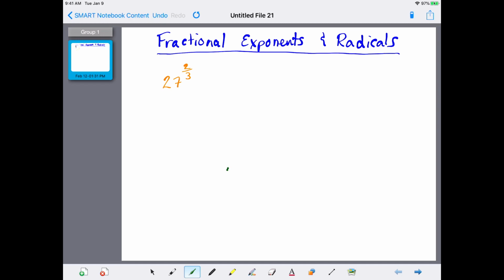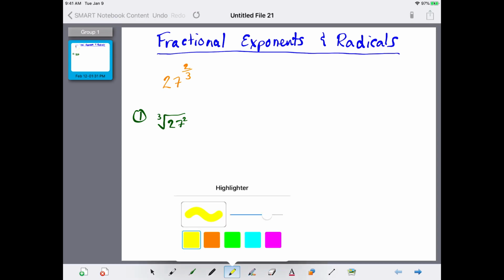The first way is like this. We write our radical, and the value that is in the bottom of the fraction that's in our exponent goes in the index of the radical.